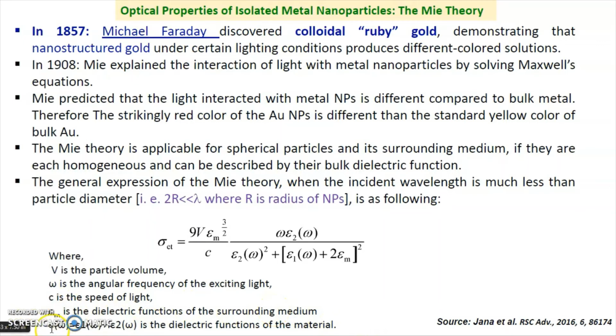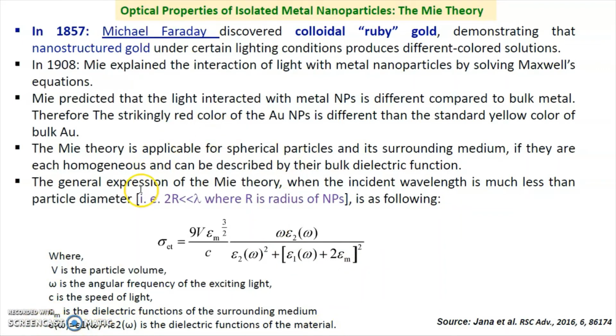Epsilon of omega is equal to epsilon 1 of omega plus i epsilon 2 of omega. So basically these are the real and imaginary parts of the dielectric constant of the material.